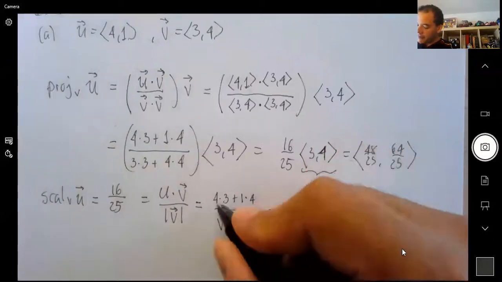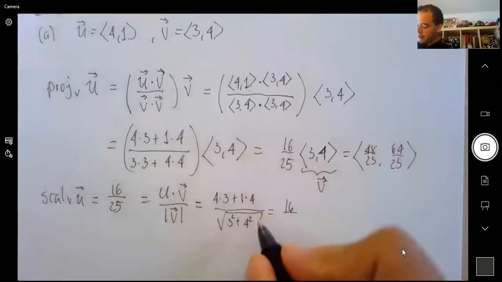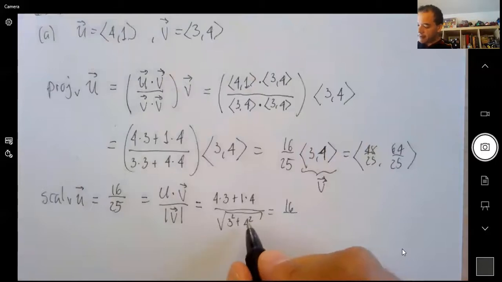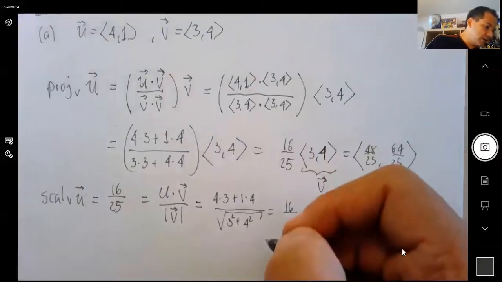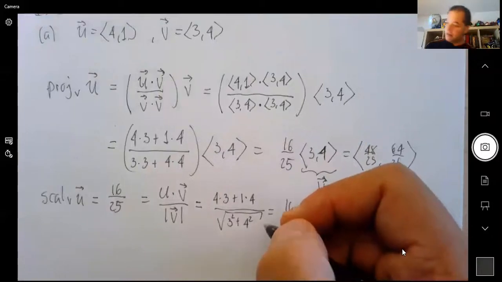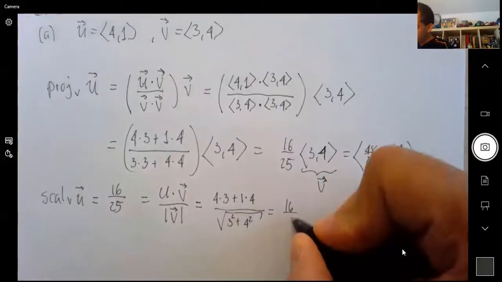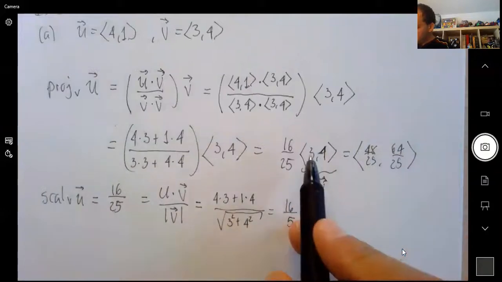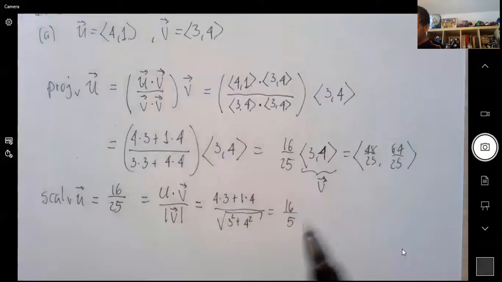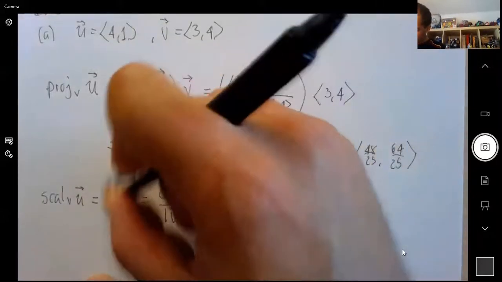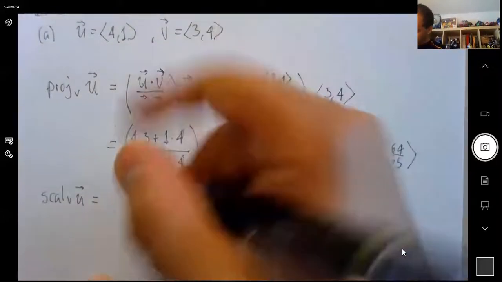So this is 12 plus 4, 16, and this is the magnitude of v. This is 25, so it's 16/5. Oh, my bad. There's something I didn't do here. So it's not 16/25. Hold on a sec. It's 16 over 5.